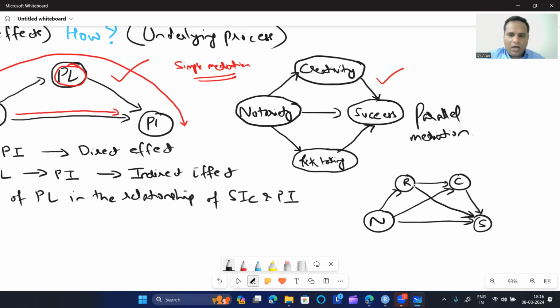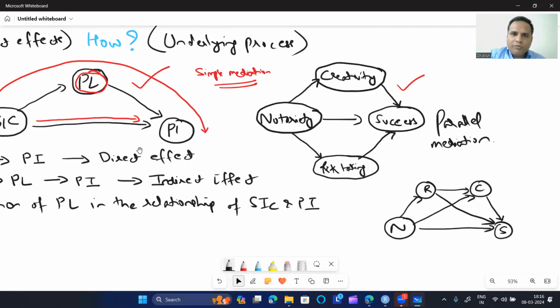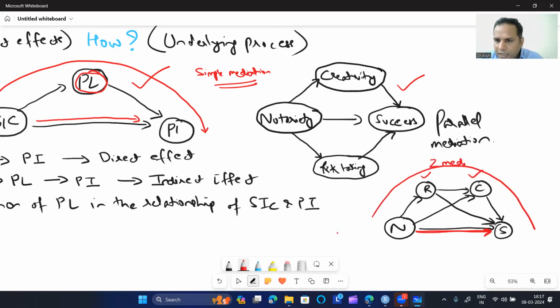Now, friends, you see three models. The first model is simple mediation. There is one mediator. In the second model there are two mediators, parallel to each other, but there is no arrow going from creativity to risk taking. But there is one more model where, between the direct path of notoriety and success, there are two mediators and they are sequentially connected.